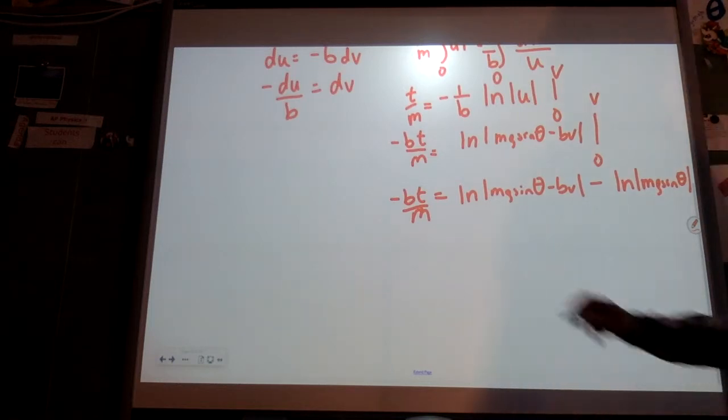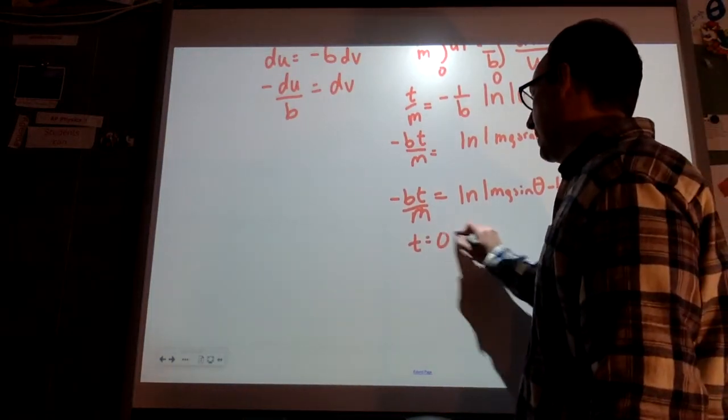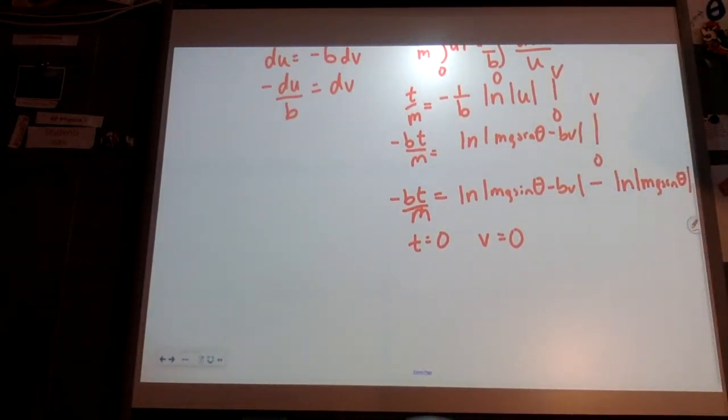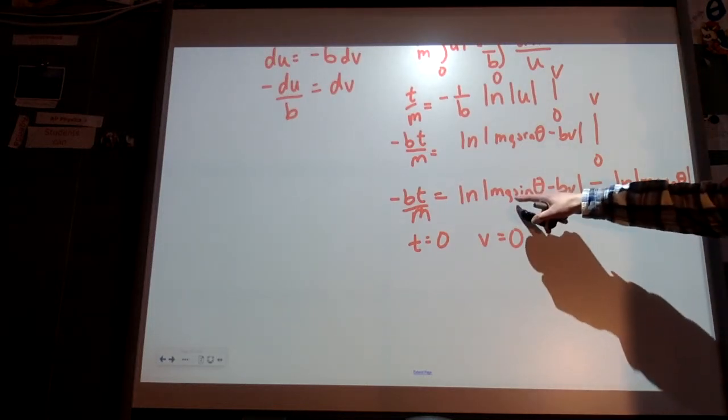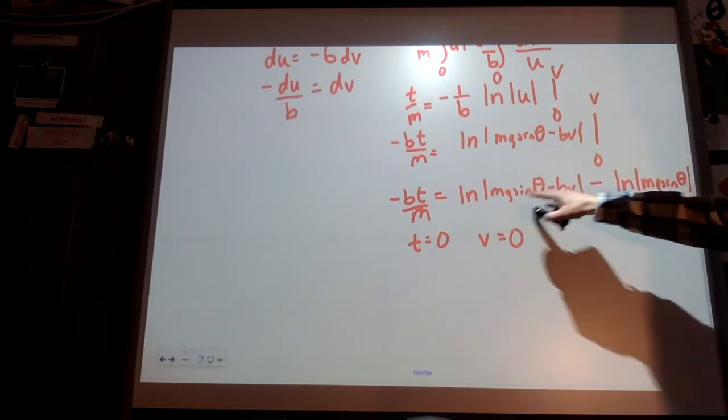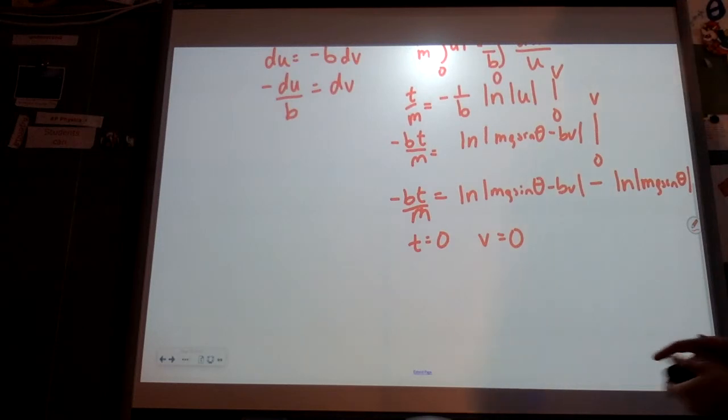And then I know that when t equals 0, v equals 0. Which works, right? Because I'm going to have the natural log of this, and that's going to be 0 when v is equal to 0. So natural log of that minus natural log of that. Okay, so that works.